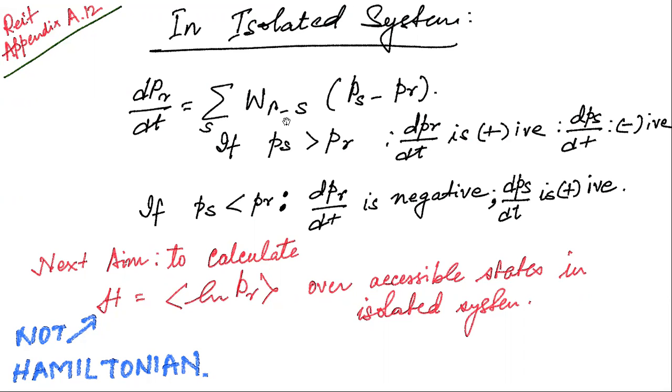Correspondingly, if we wrote down dP_S/dt, that would be W_RS times (P_R minus P_S), and that would be a negative quantity. So the probability of S, or equivalently the number of systems in state S, would decrease, and the probability of being in state R would increase. They would keep on changing till what time? Till all the P_R and P_S become equal, and then each of these terms will be individually equal to 0, right? So that's the condition for equilibrium.